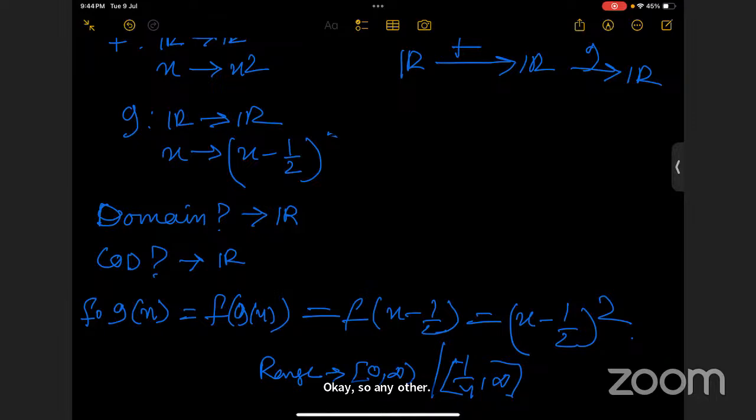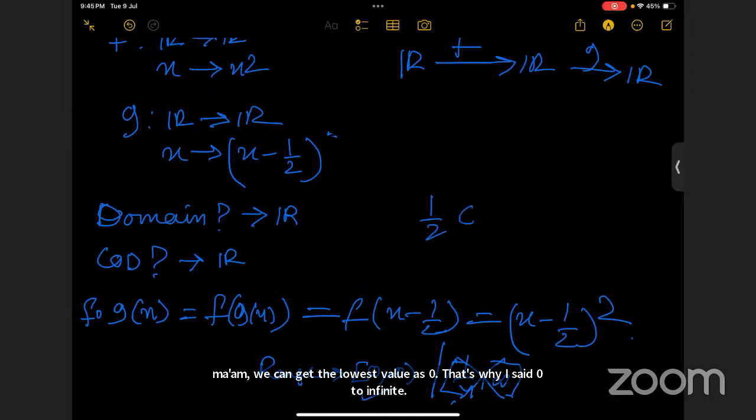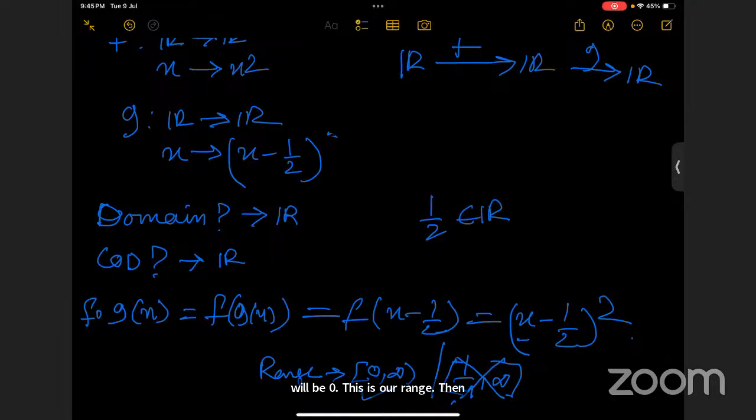Ma'am, we can get the lowest value as 0. That's why I said 0 to infinity. Yes, that is correct. Because x equals half is also part of the domain, so if we put half here, it will be 0. So this is our range. Fine, because the domain itself is R.